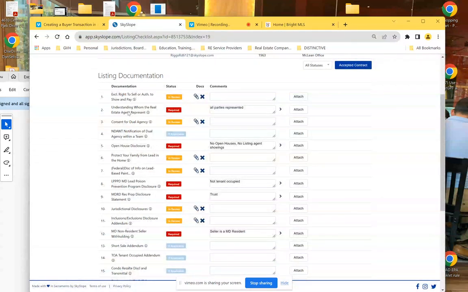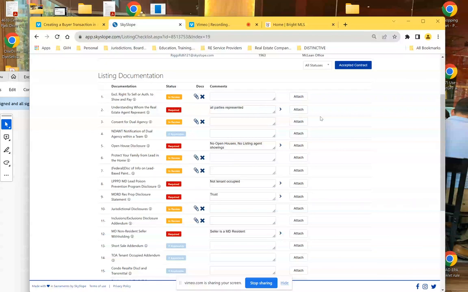If there's an item that is required, like the understanding whom the real estate agents represent, Maryland law requires this document if there is a party that is unrepresented in the transaction. In this case, all parties are represented because I'm the listing agent representing the seller, and another agent is selling the property, and that agent is representing the buyers.